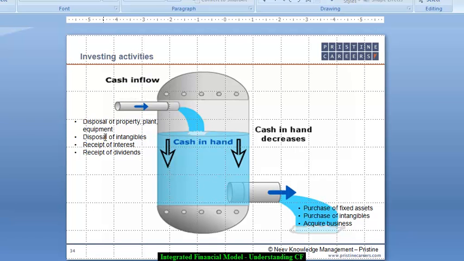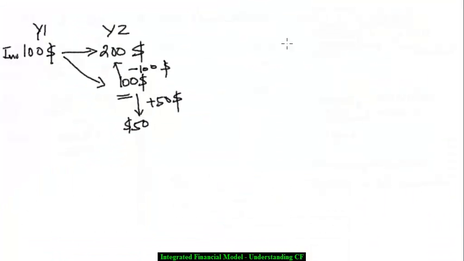So for example, if I buy a plant for $1,000, that's like $1,000 gone out of me, so this is a cash outflow to me.